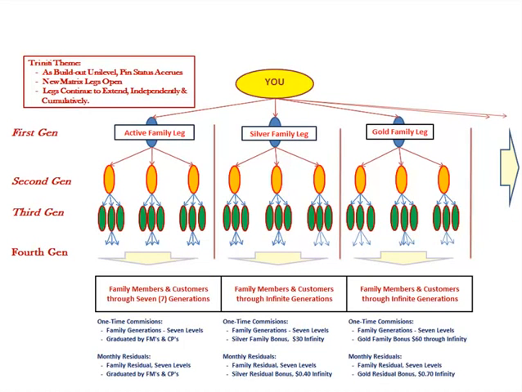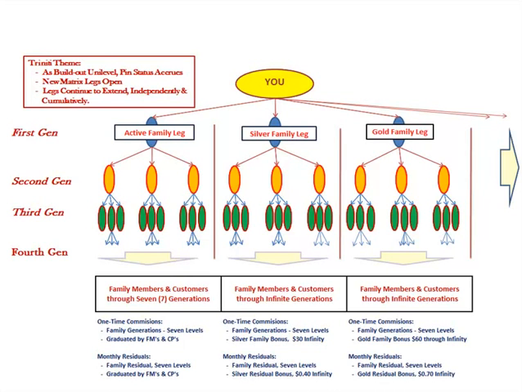Now, looking at the progression of rewards at the active level, that pays you one-time commissions through 7 levels, which are graduated by the number of family members in your organization and the number of customer services. It also pays you on a monthly basis, again, through 7 levels that are graduated by the number of family members and customer services.